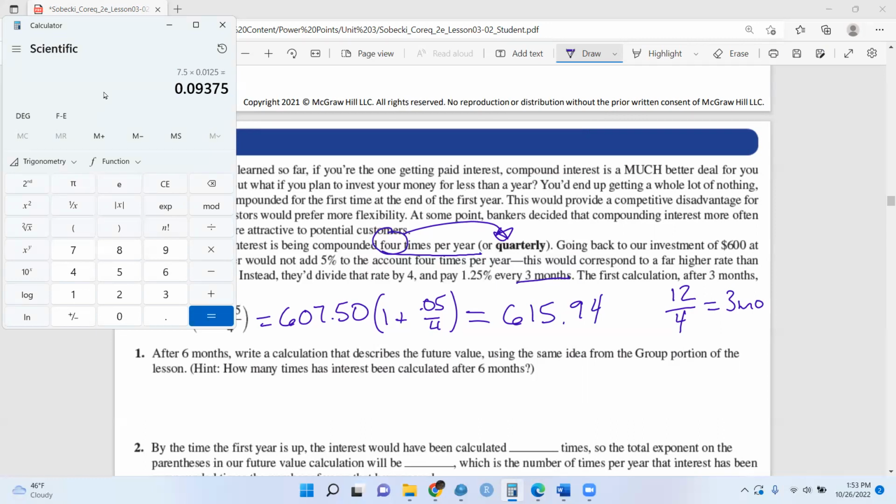That was another $9.09. That got added in. So the extra we earned was 94 cents.